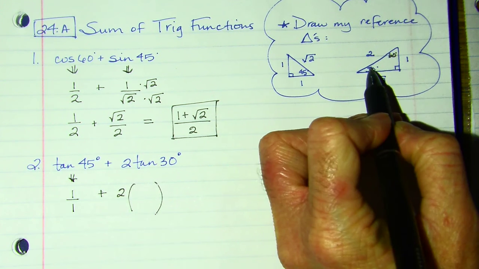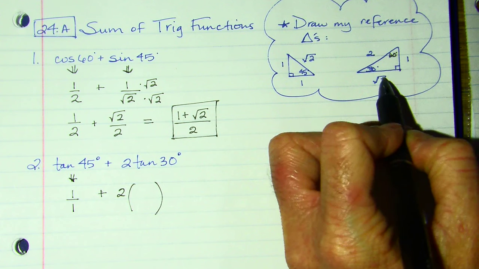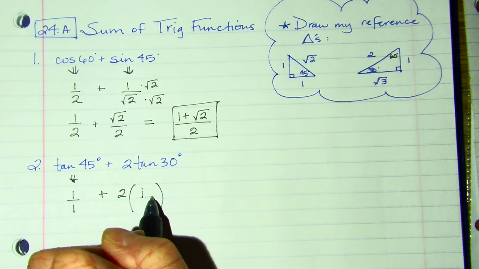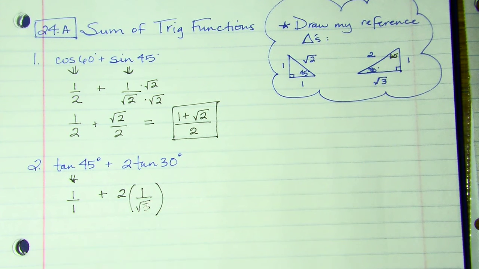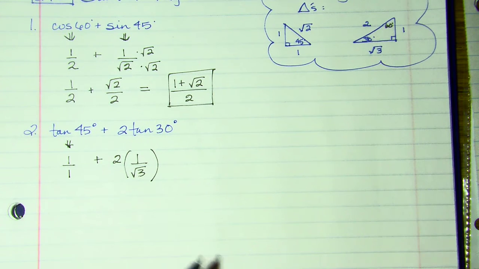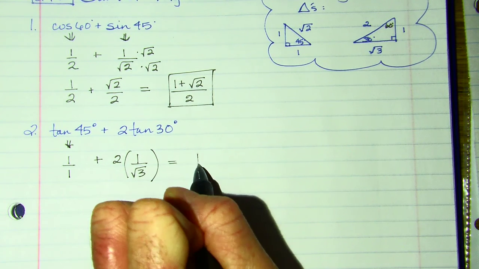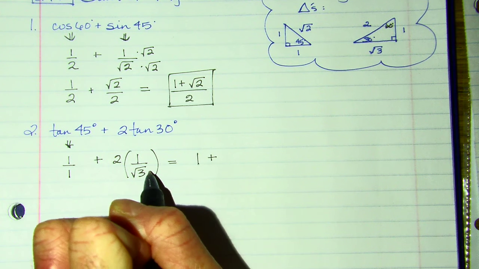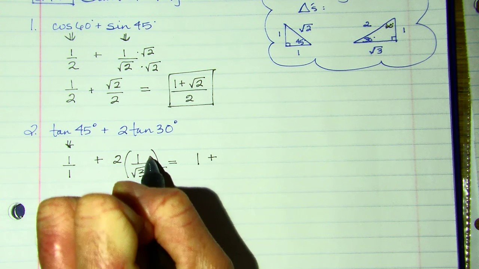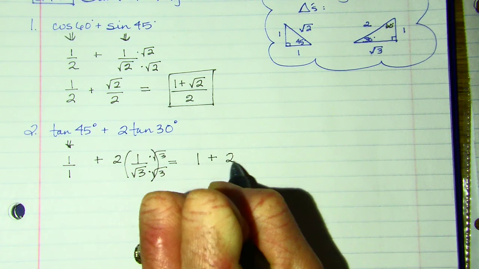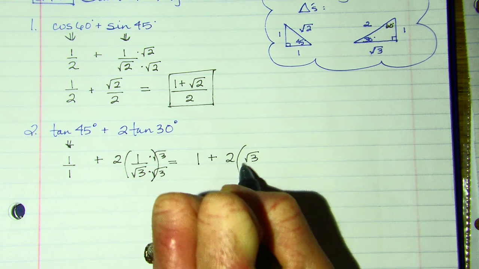Here's 30 degrees. Opposite over adjacent, so 1 over root 3. Okay, now I'm going to simplify this. This gives me 1 over 1 is just 1, plus I have to rationalize root 3 over root 3. So that gives me 2 times root 3 over root 3.